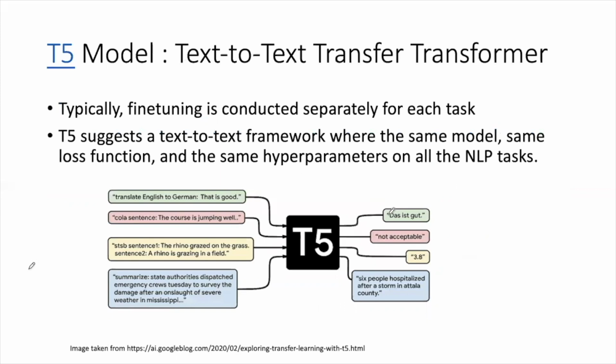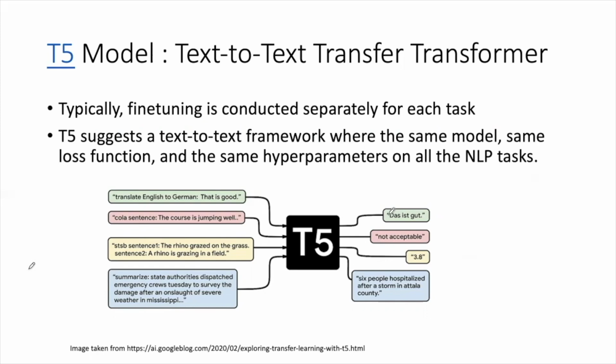Now coming to our last section, it's about the T5 model. So the T5 model is basically a pre-training approach that pre-trains both the encoder and the decoder. So let's consider how exactly this is done. In general, whenever we are doing fine-tuning on these pre-trained models, we fine-tune on one task at a time.